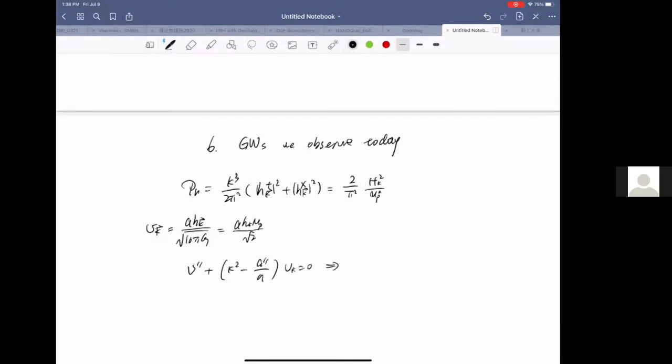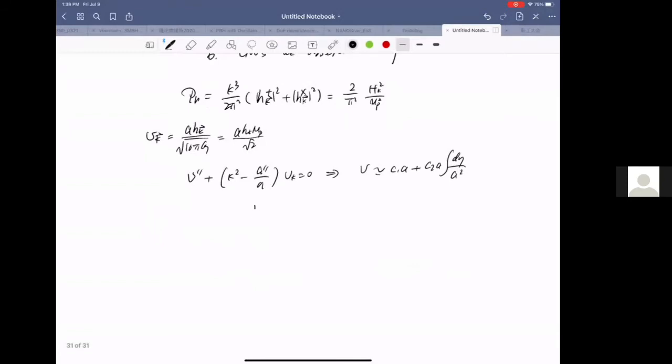and has a solution on superhorizon scales. So on superhorizon scales, h is a constant. This is something we already know, by the argument of causality.